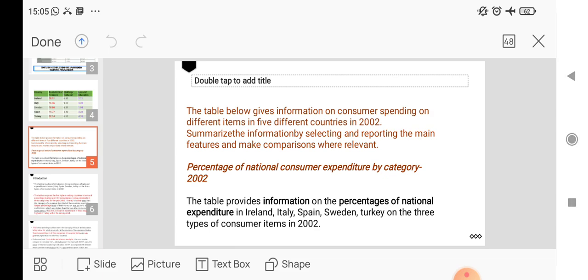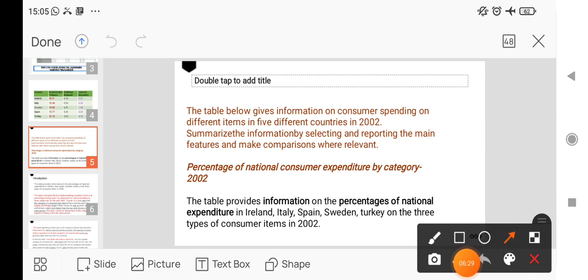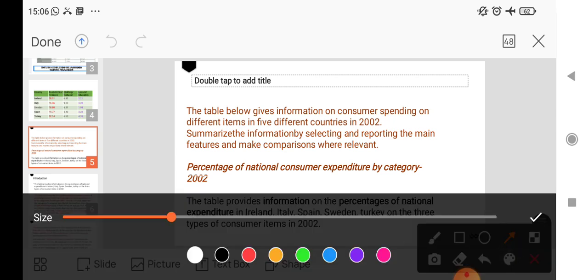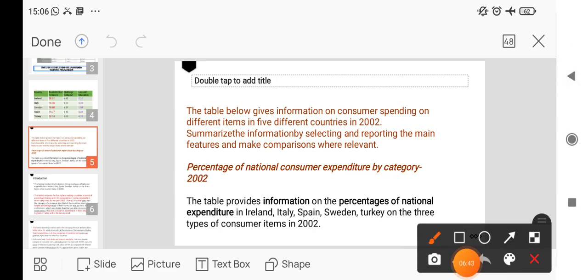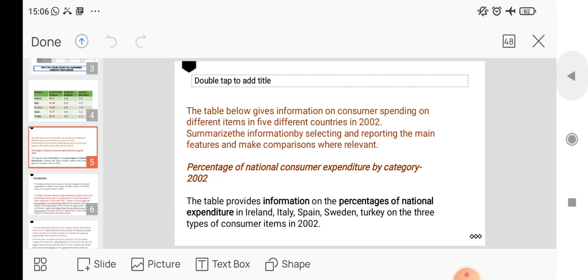Can you see percentage of national expenditure? You can see that percentage of national expenditure was lifted here, and here you have percentages of national expenditure. That's not a good thing to do. So you don't want to lift whole phrases.